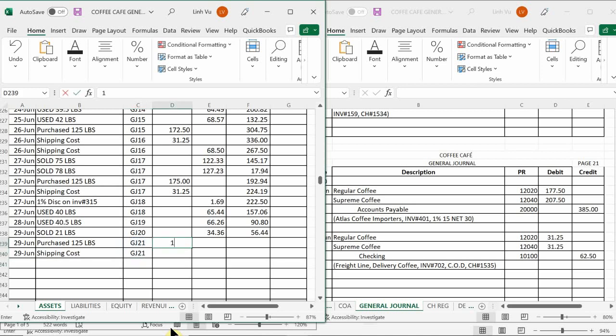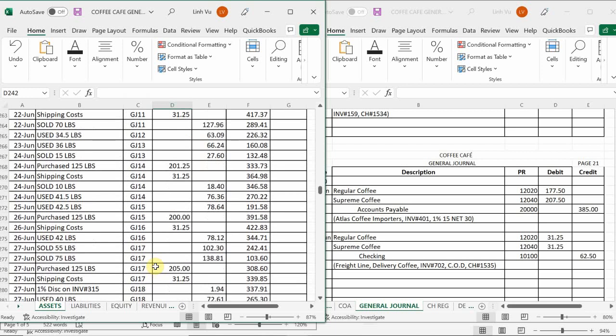Okay, we got $177.50 worth of regular coffee plus $31.25 worth of freight to give you a total of $265.19. Okay.